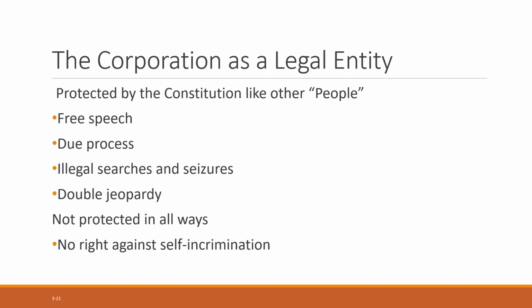That right is not extended to corporations in the same way. I think the idea is you can't use the corporation to defraud people and then say all of the employees and all of us don't have to say anything because Fifth Amendment. Although I'm still wondering why. I don't like it, but I think people don't have to incriminate themselves, right?